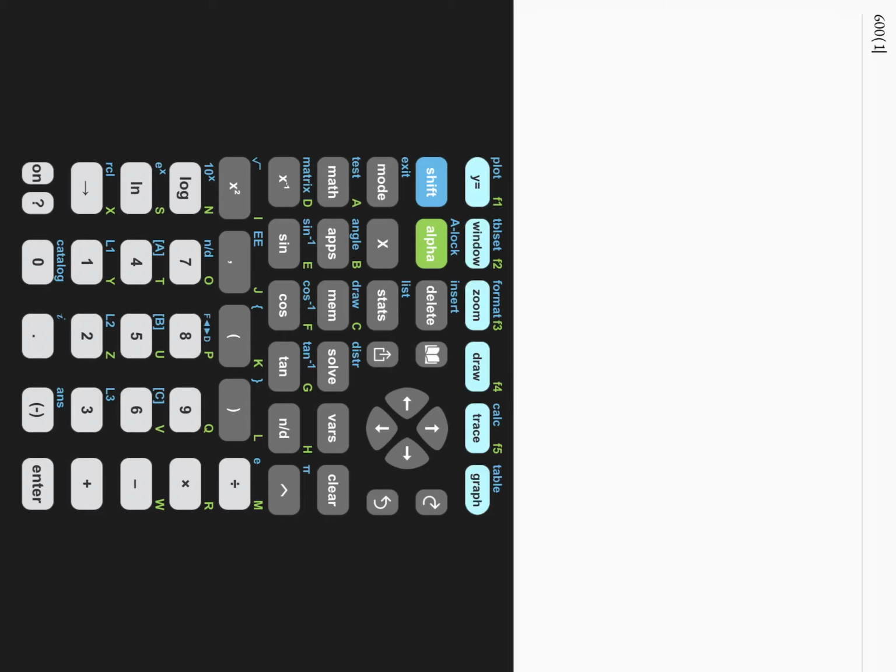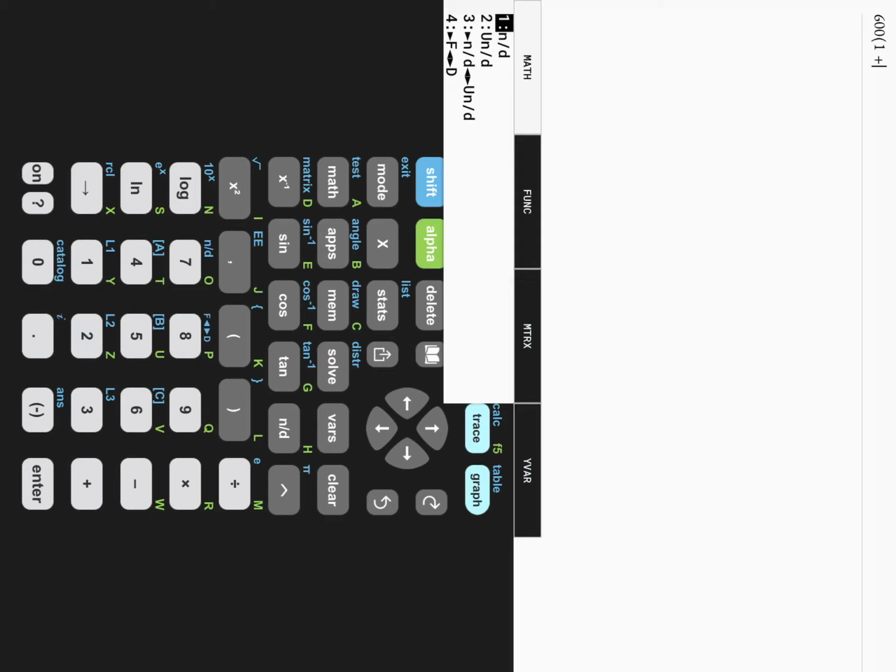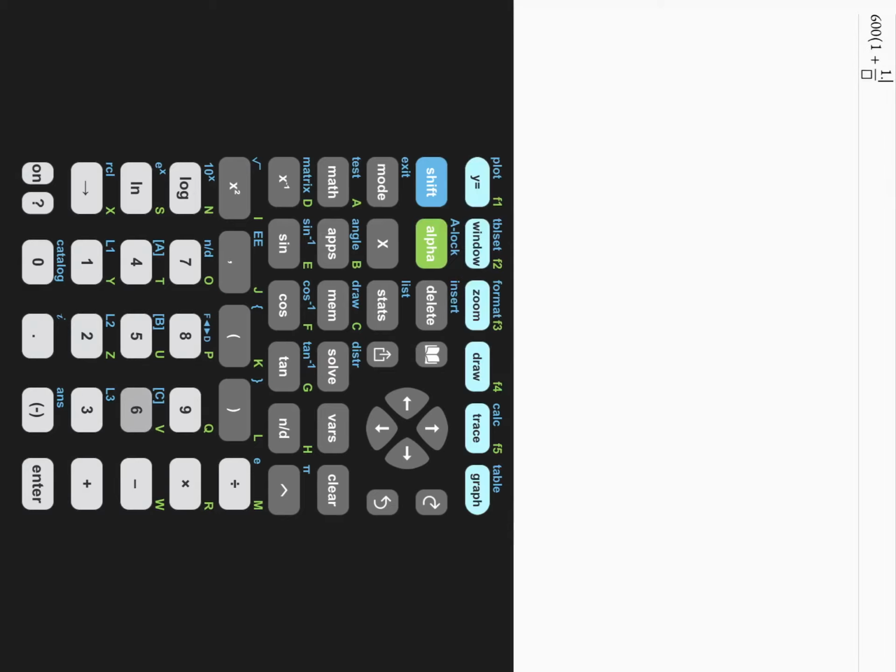So I have 600, parentheses, 1 plus, I have 1.6 over, there we go, over 100. I'm gonna raise this to the 6. So all I did is I substituted in the 6 where the exponent was.